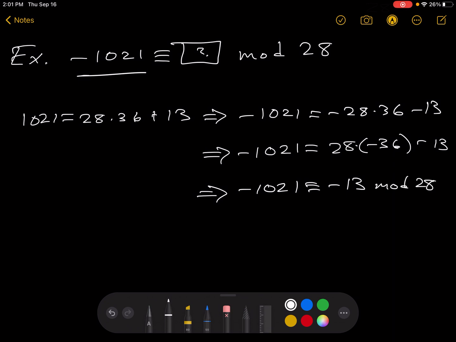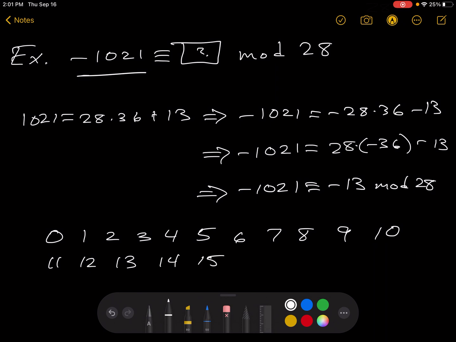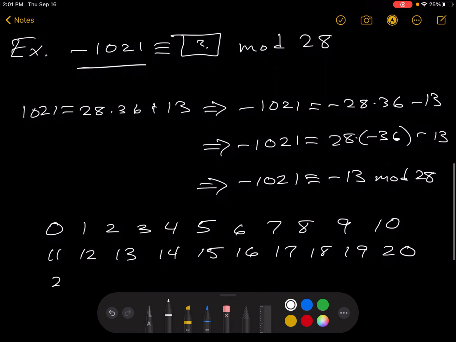Now what's negative 13? Well, I guess we'll write them out again: 0, 1, 2, 3, 4, 5, 6, 7, 8, 9, 10, 11, 12, 13, 14, 15, 16, 17, 18, 19, 20, 21, 22, 23, 24, 25, 26, 27. Let's do it in blue this time.